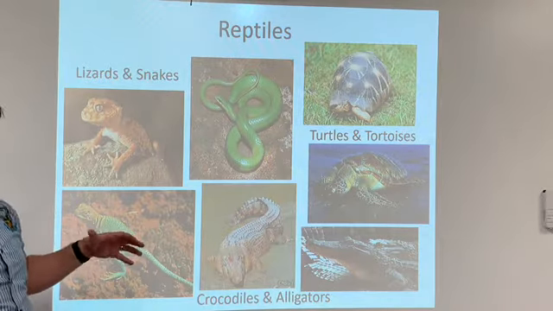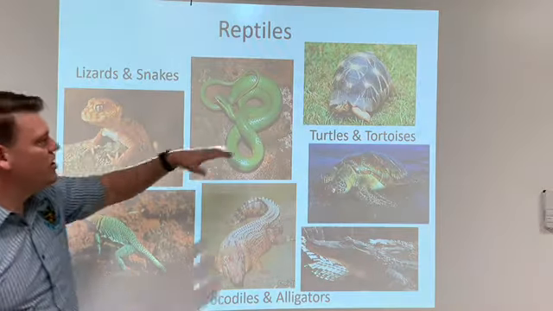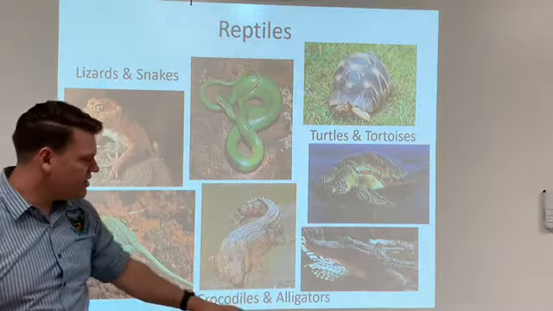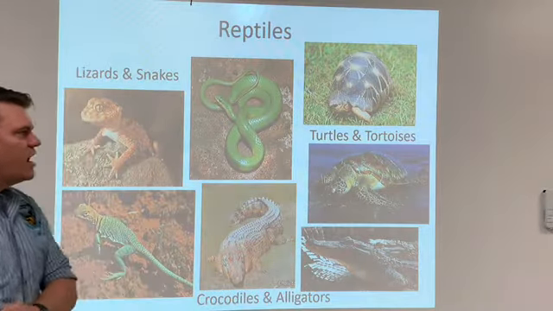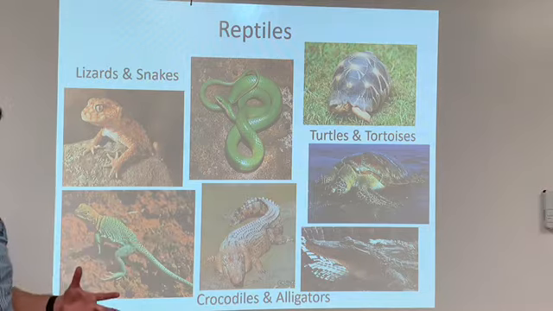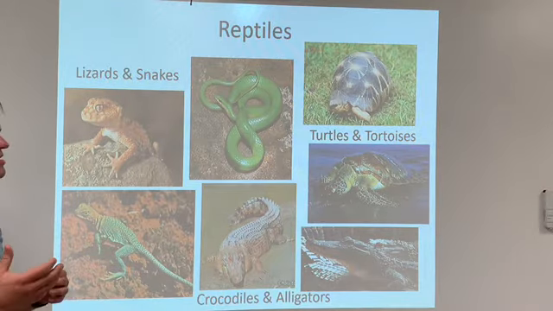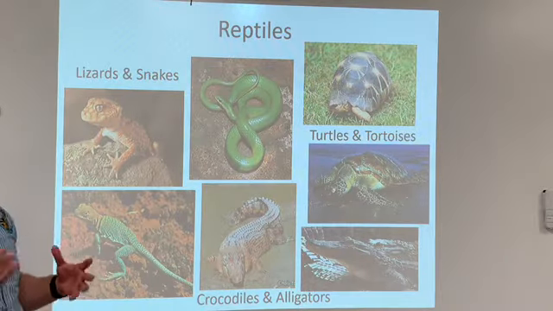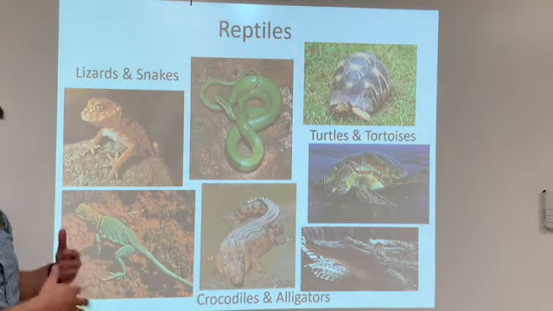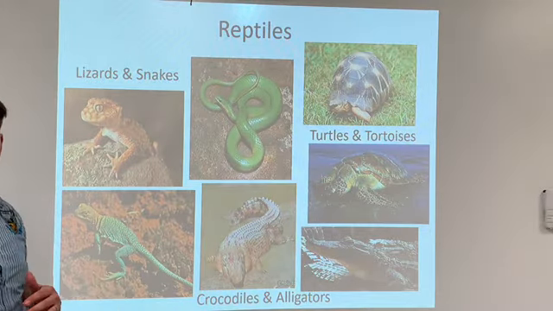And even though you still see some of our reptiles, so our reptiles here are lizards, snakes, turtles, tortoises, crocodiles and alligators, even though crocodiles, alligators, and turtles still live in water, they all lay their eggs outside of water, right? So you always see those National Geographic shows where the turtles migrate all the way to this one beach, they dig a hole, and they lay all their eggs, and then they go back into the ocean.